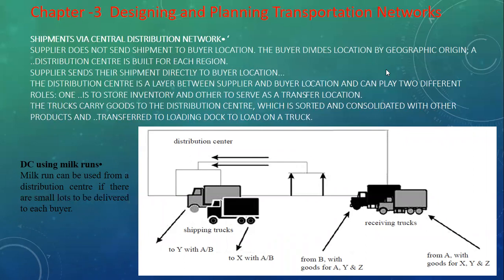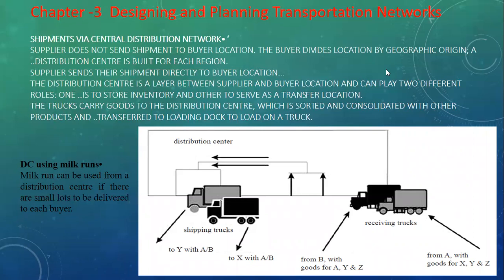Trucks carry goods to the distribution center, where they are sorted and consolidated with their products, transferred to the loading dock, and moved dock to dock onto trucks. So in this process, the distribution comes from the supplier to the distribution center, then from the distribution center to the location of the consumer, we can say the retailer also.